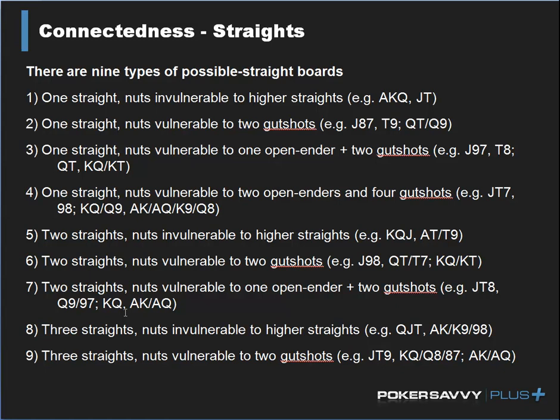You would absolutely rather have Ace-King-Queen, and so adding the extra possible straight doesn't necessarily change the dynamic very much, because what we're mostly focused on is the number of draws to beat the nuts. On all of these boards you're always going to have set draws to beat the nuts that have 35-ish% equity, and draws to make a full house, and you've also got on many of them flush draws and backdoor flush draws, which come into play.